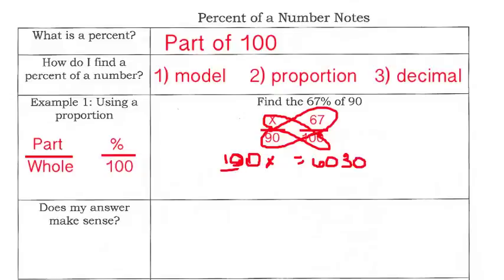And so to get x by itself, you divide both sides by 100. And so your answer, x, is equal to 60.3.